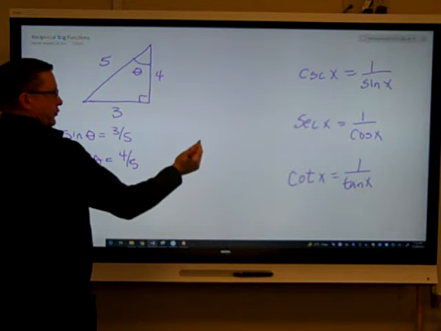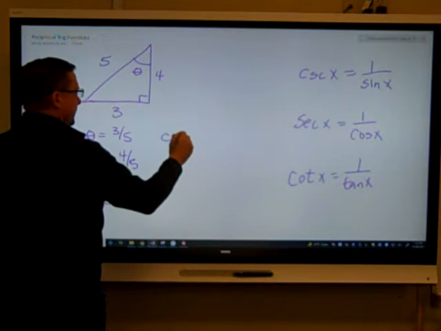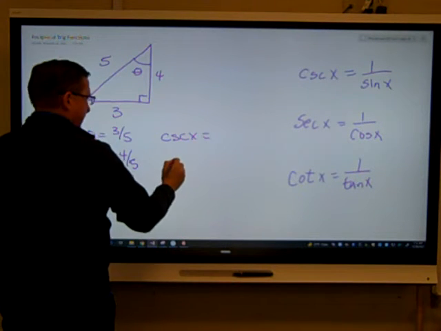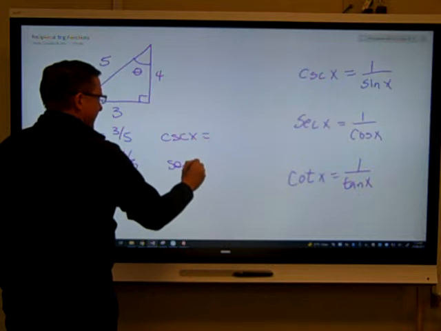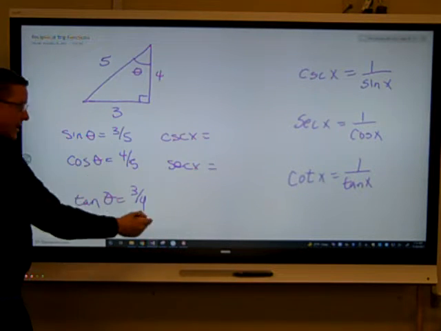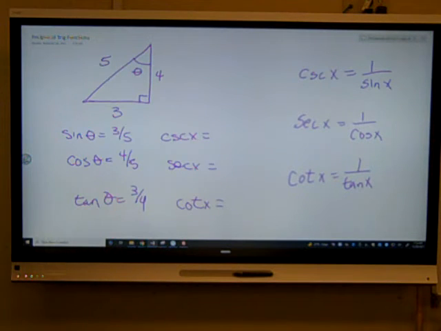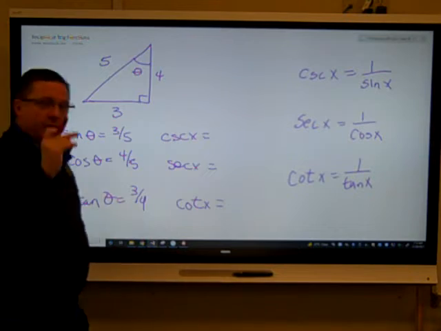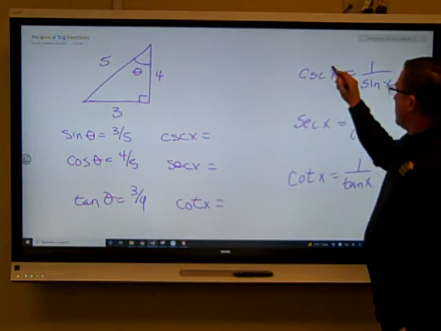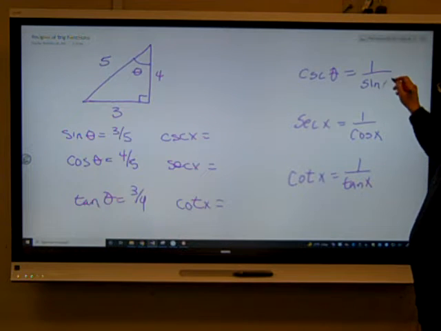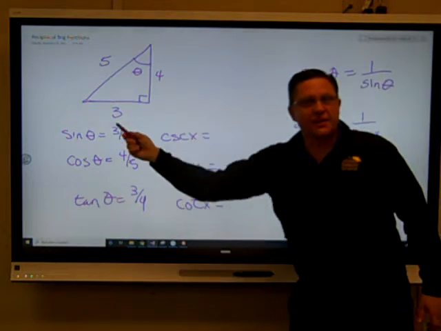So if I want to do the reciprocal trig, and I want to know cosecant of x, which is the reciprocal of sine, secant of x, which is the reciprocal of cosine, and cotangent of x, which is the reciprocal of tangent. We can't go through the mathematics, okay? So if I go over here and make this theta and theta, we know that sine theta is 3/5.